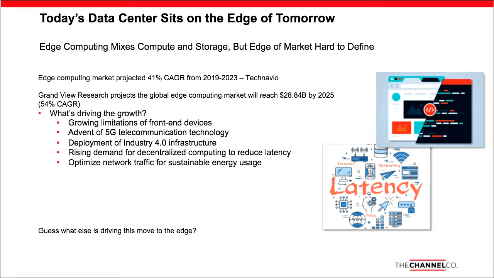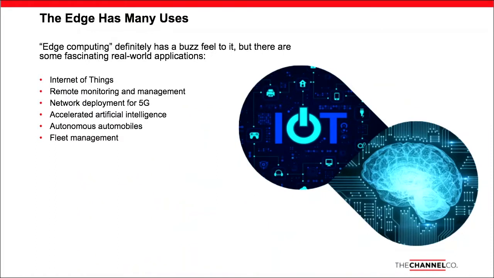These forward-thinking technologies are really moving all this forward. How edge computing manifests itself in actual applications, other than the technologies, are things like IoT, RMM, again 5G, AI, driverless cars, and fleet management.